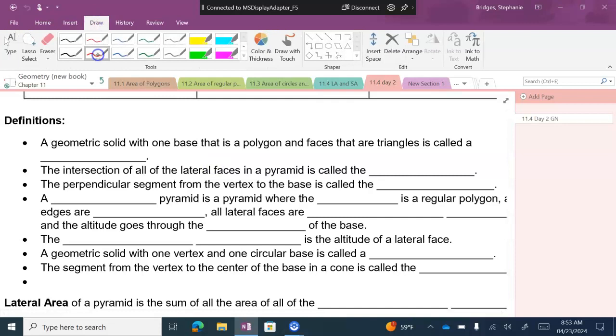All right, so a geometric solid with one base, that is a polygon. Okay, the difference is we only have one base for a pyramid versus two in a prism. Is called a pyramid. The intersection of all of the lateral faces in your pyramid, this is called your vertex.